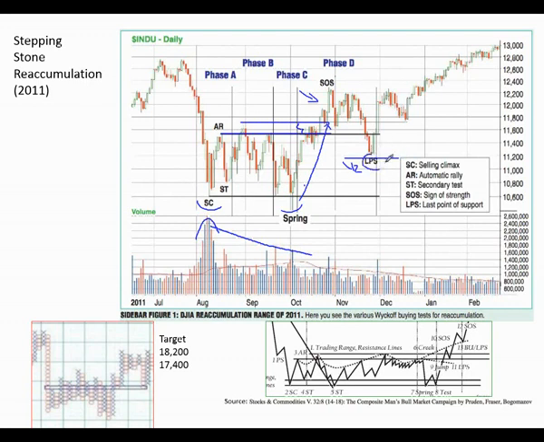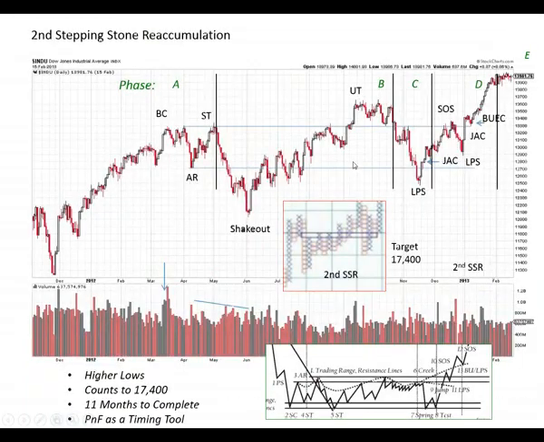So we have an LPS, and we have a selling climax, so we can identify those. We can see that there's an inset down here of the point and figure of the stepping stone, and we can see there's a count across, which we can go back to Ramon's example for, but there is that point and figure.